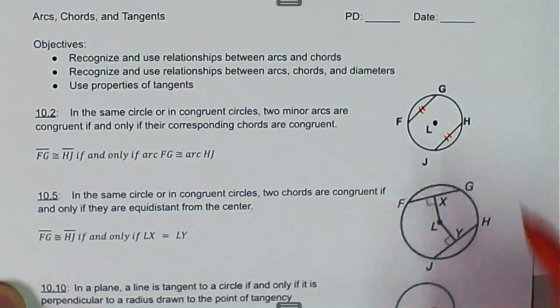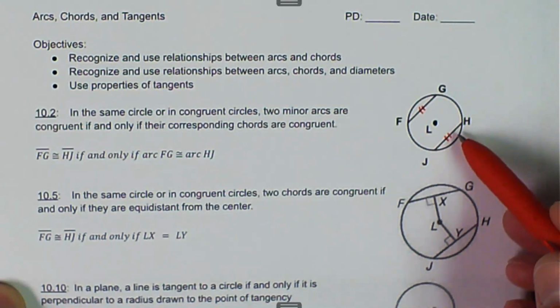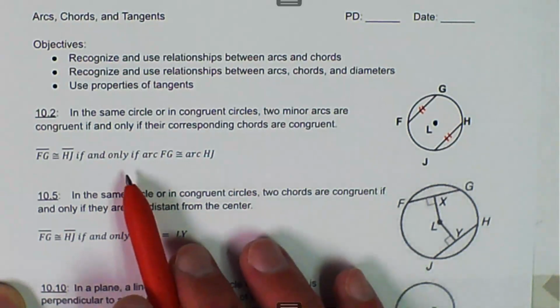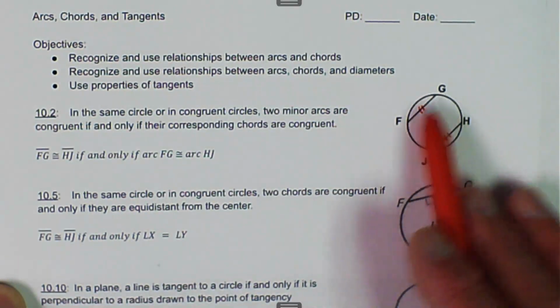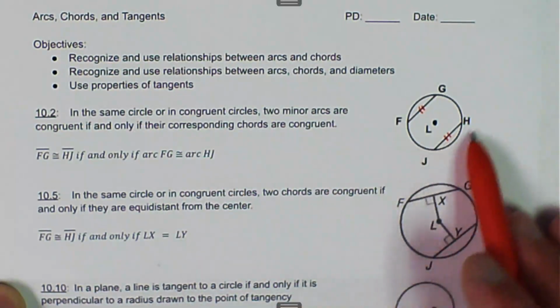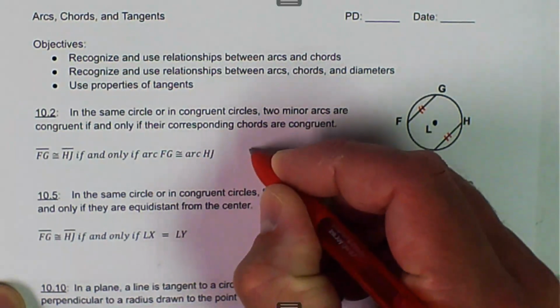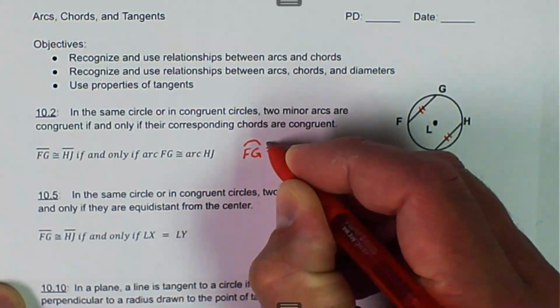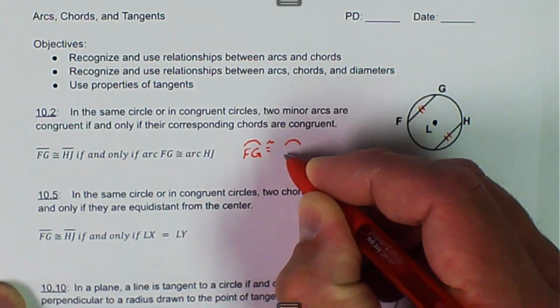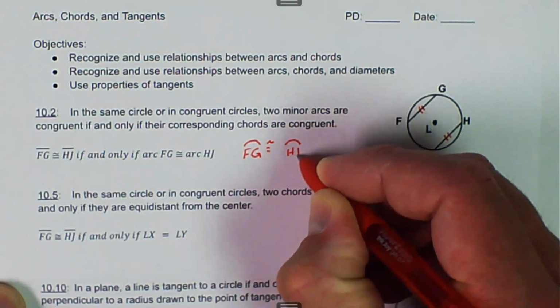And the only way that can happen, if they're minor arcs in the same circle, is if arc FG is congruent to arc HJ.